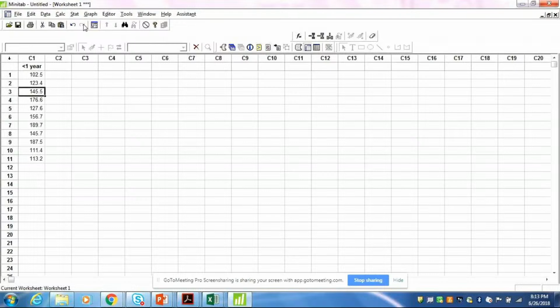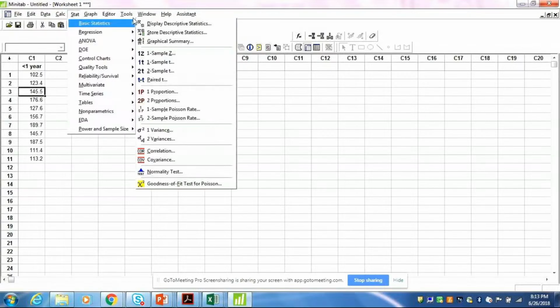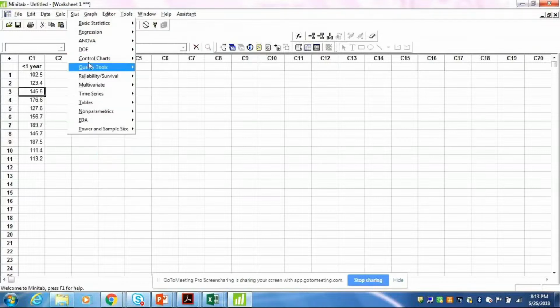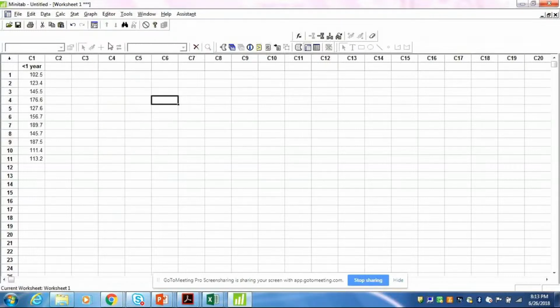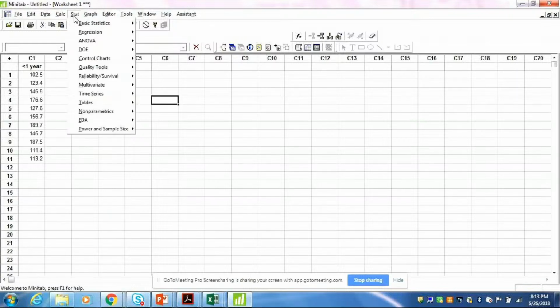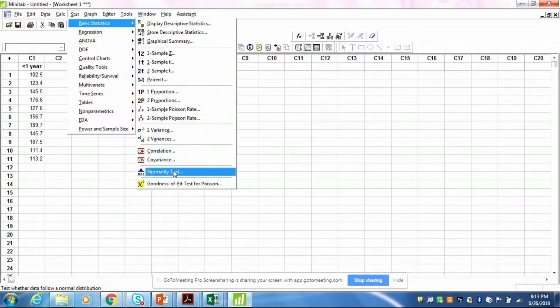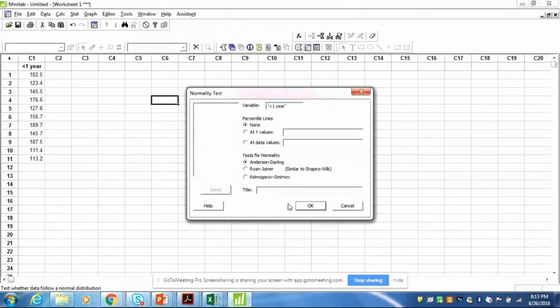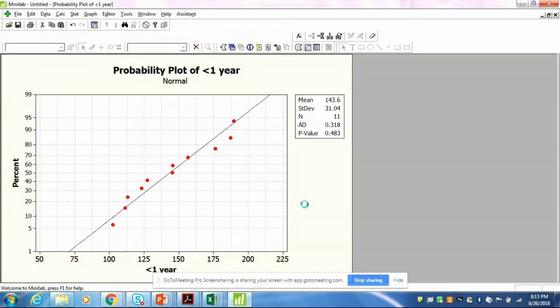So first thing we do whenever we want to check any data is we want to check if the data distribution is normal or not normal. And do you remember, Scott, how do we go ahead and do that? You just, it is a basic stats normality test, right? Yes, you can do normality test. So let's quickly do the test and you tell me if you think it is normal or not normal.